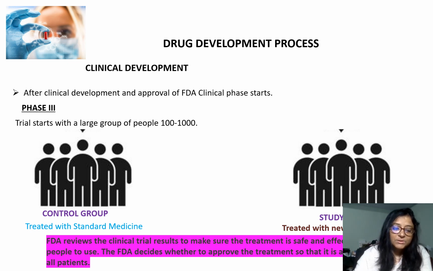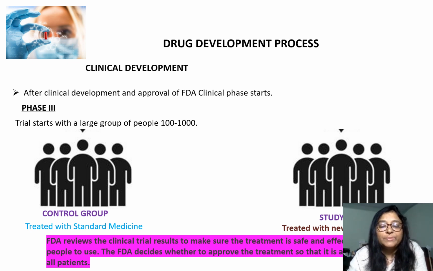Basically, this is also done on a group of people, but on a large, mass group of people, and here the people are divided into two groups: a control group and a study group. So now the next question is, what is a control group and what is a study group?